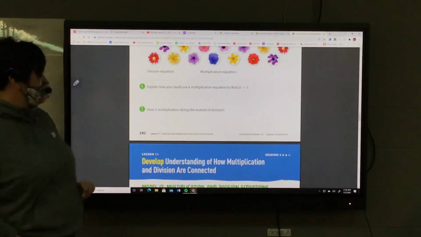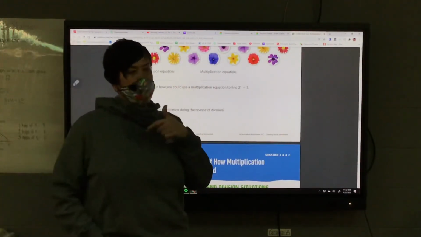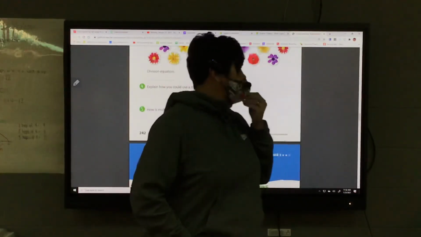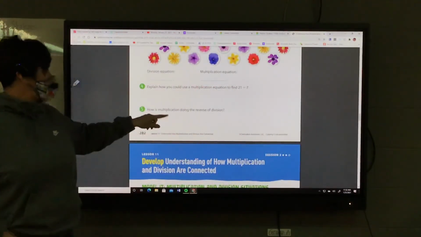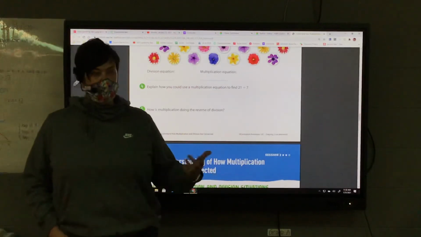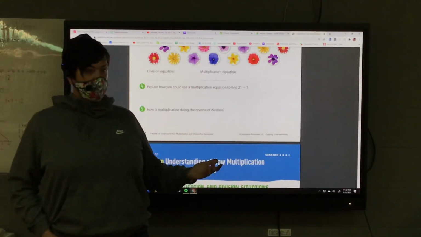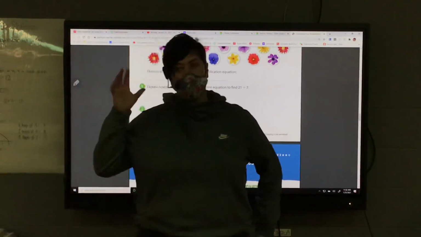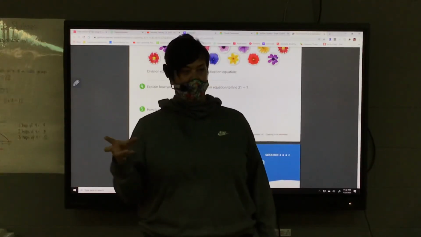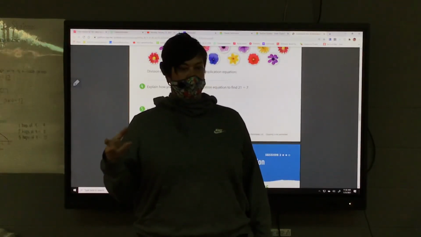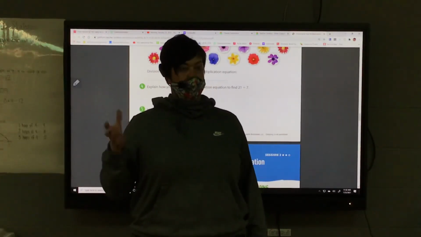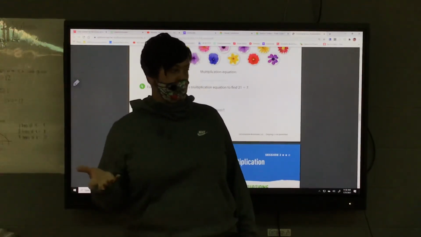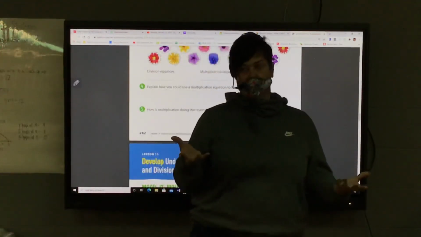Gotcha. Okay, just like the page before, how is multiplication doing the reverse of division? In multiplication, what do we start out with? The smaller number. Right, we start out with the equal groups, and then what?